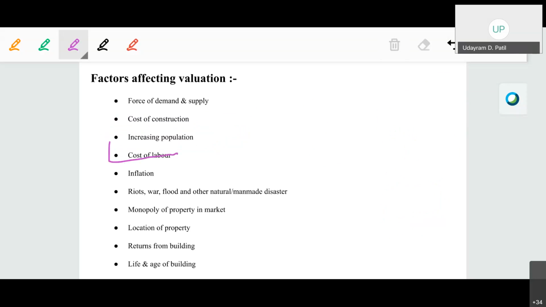Again, the cost of labor will have a similar effect as the cost of construction. Then there is inflation. If inflation rises, the market value also increases. A building that cost 5-10 lakh some years ago, the current market value of that building is now way too higher.